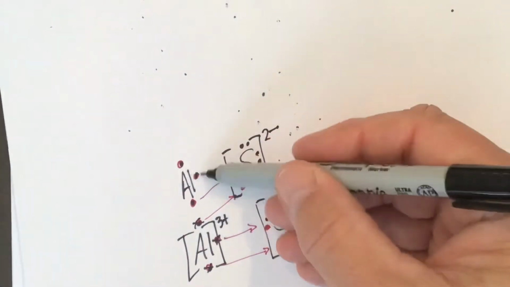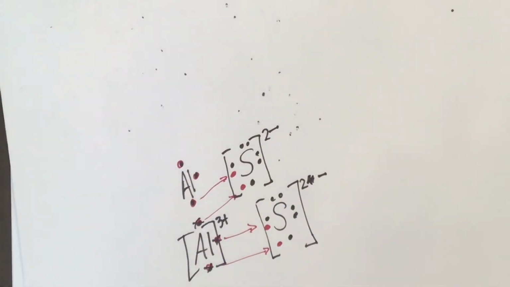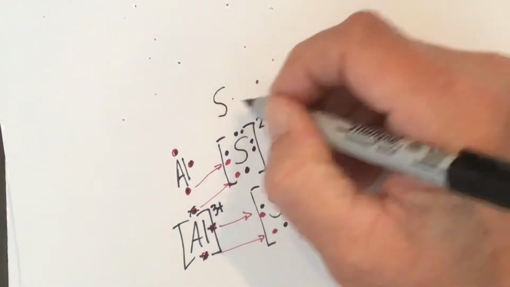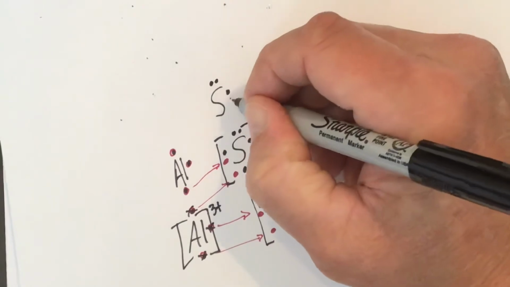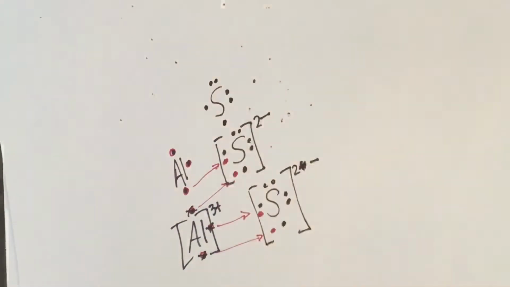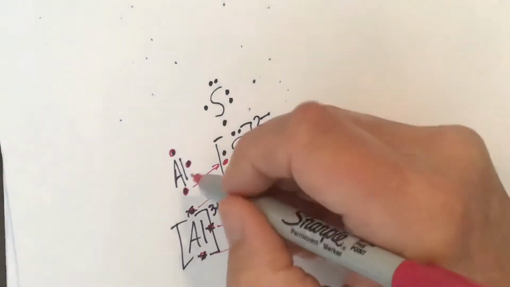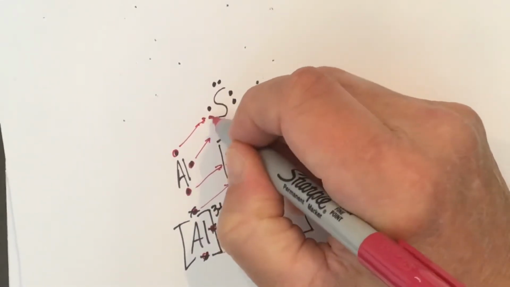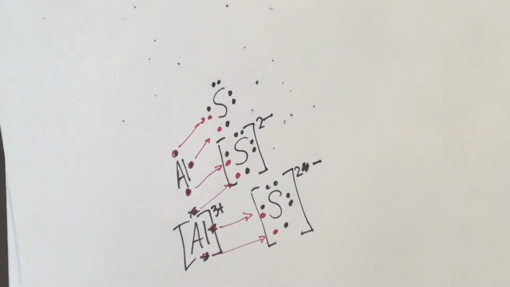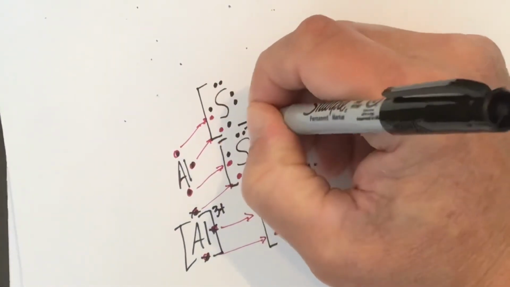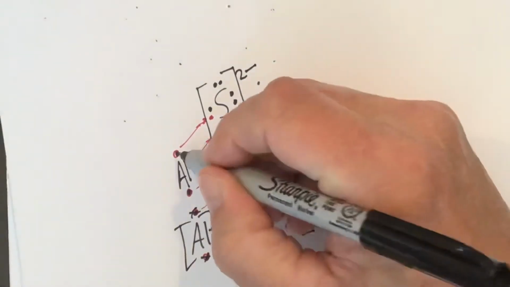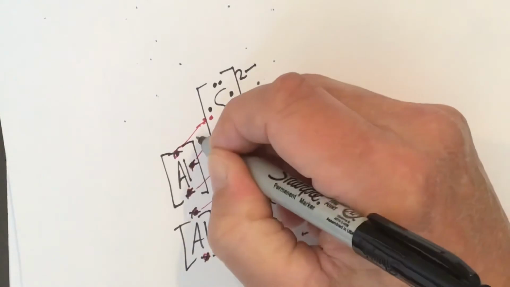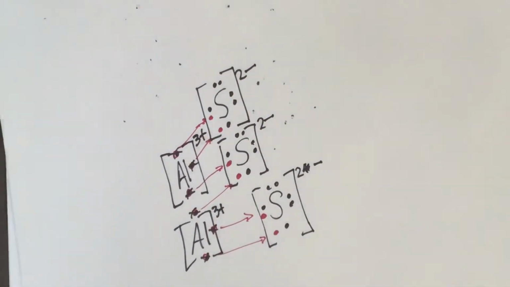But wait, this aluminum still has 2 more electrons. Whatever are we going to do? How about we get another sulfur? It's always the answer, right? Now, this one's going to go here, and this one's going to go here. That's going to complete this sulfide, and it's going to be 2-, and that's gone, and that's gone, and that's gone. So now this is a +3.